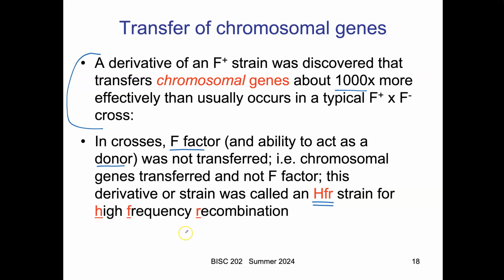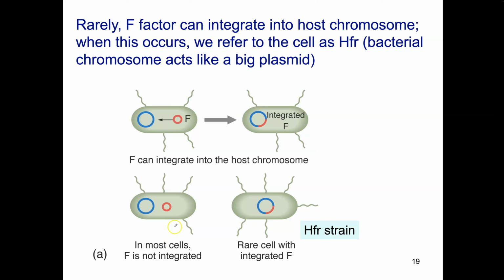Recombination, because once the DNA gets into the bacterium, there has to be crossing over that integrates the new genes into the bacterial chromosome. And it turned out that every now and then, through an accident, the F factor integrates itself into the bacterial chromosome. And now the whole bacterial chromosome acts as if it were a gigantic plasmid.